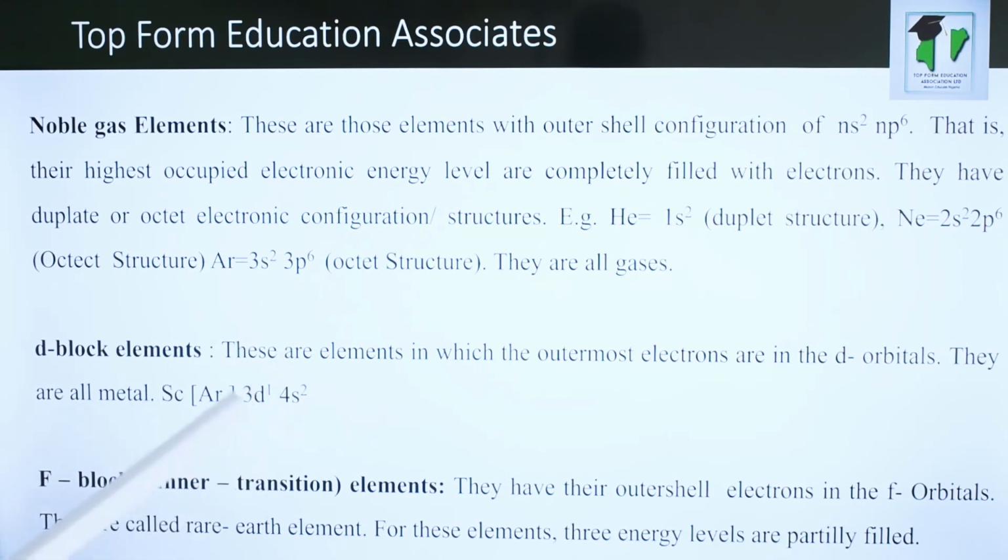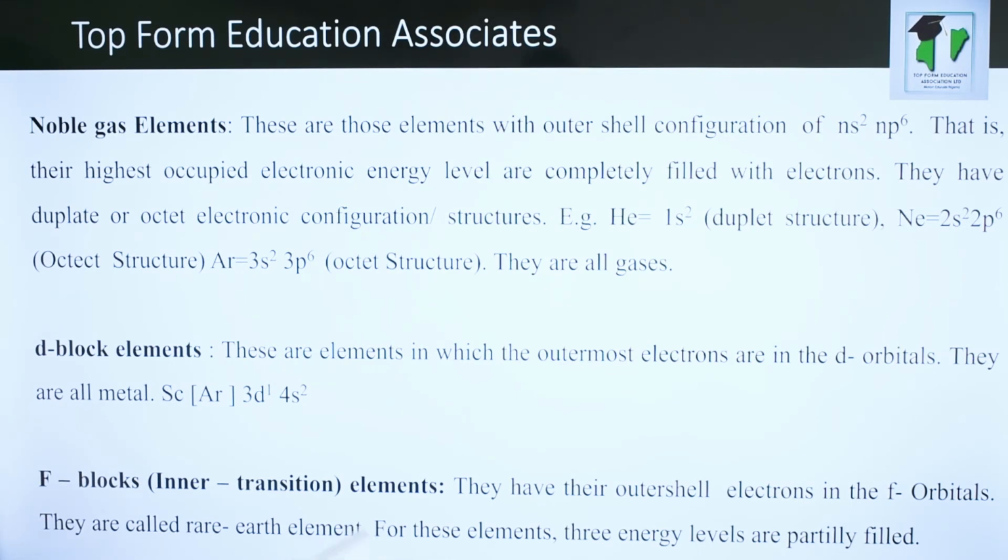Now the next block we have there is the D block elements. These are elements in which the outermost electrons are in the D orbitals. They are all metals. Like I said earlier on, the D block elements are called transition metals.